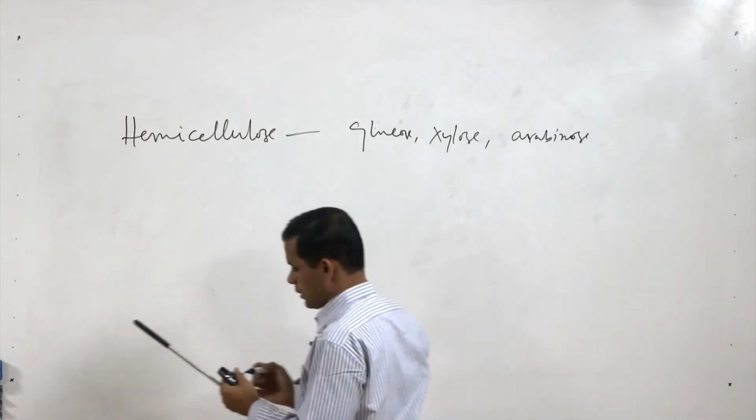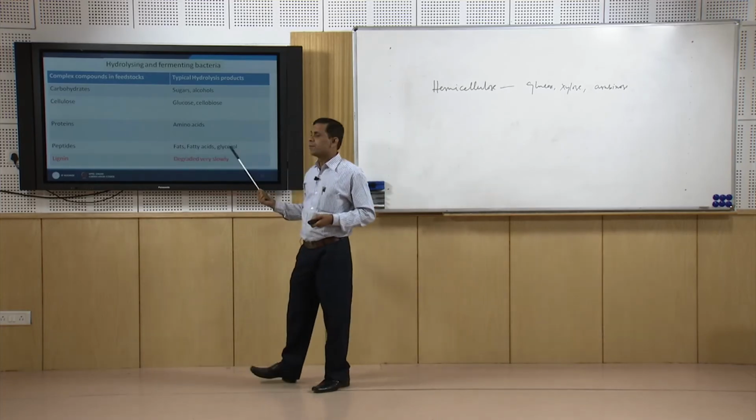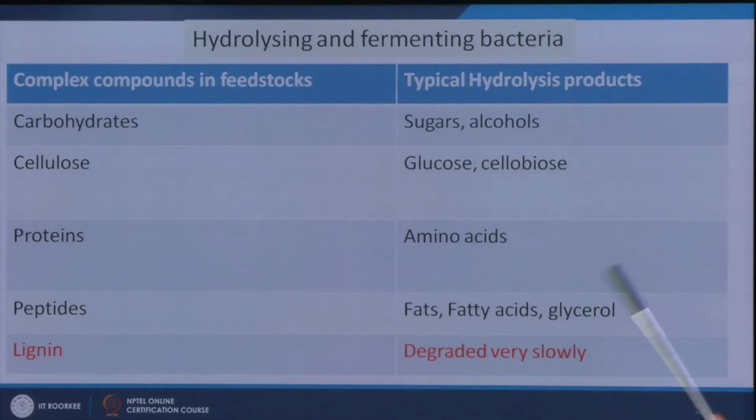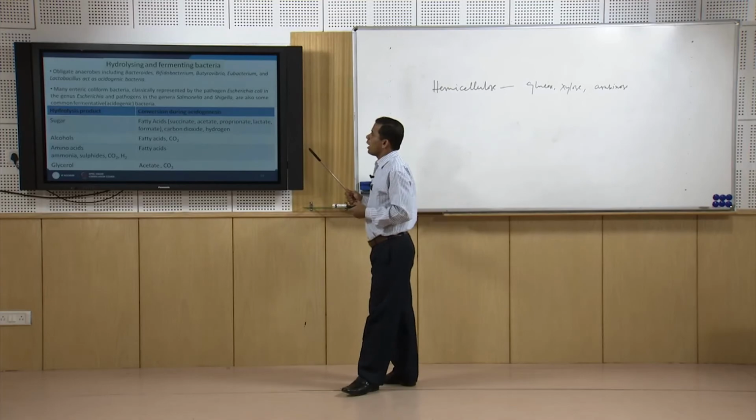So, those will be the products if the feedstock is hemicellulose. Now, proteins to amino acids, peptides and fatty acids. Lignin is not degraded by the microorganisms.